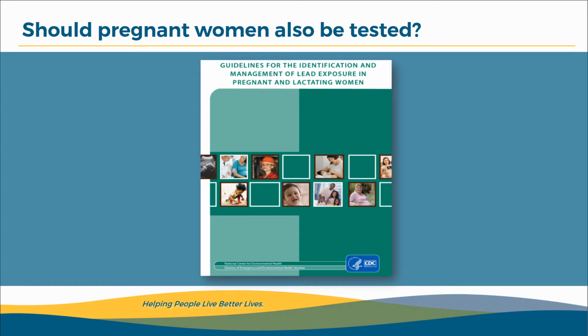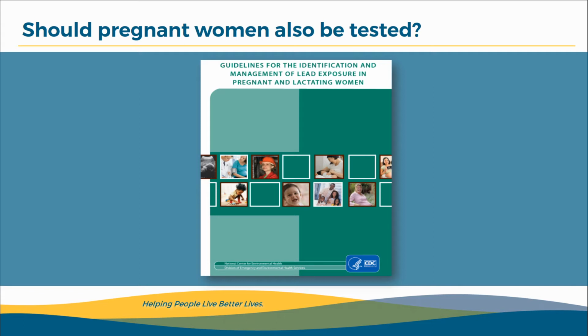We normally talk about blood lead screening in regard to children, but there is one exception: pregnant women. Nebraska encourages following the CDC guidelines for pregnant and lactating women. Lead can cross the placenta and interfere with brain development.